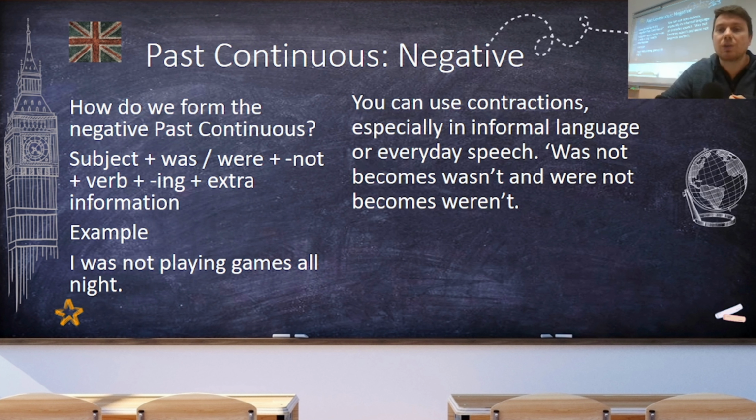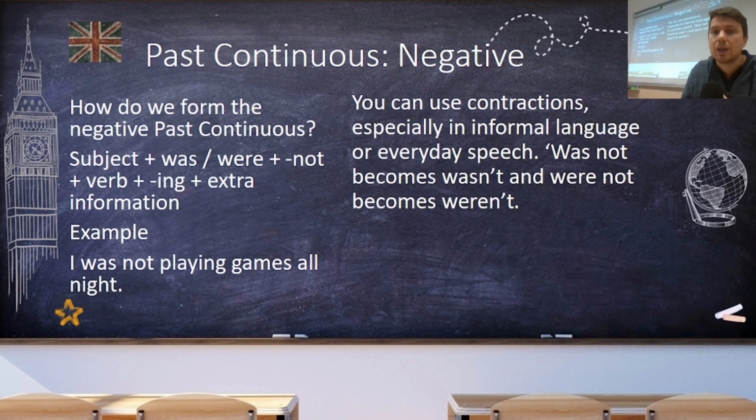We get rid of the O and we put an apostrophe. And it sounds much more natural in spoken language. I wasn't playing games all night sounds better than I was not playing games all night. This sounds very formal when you say it.